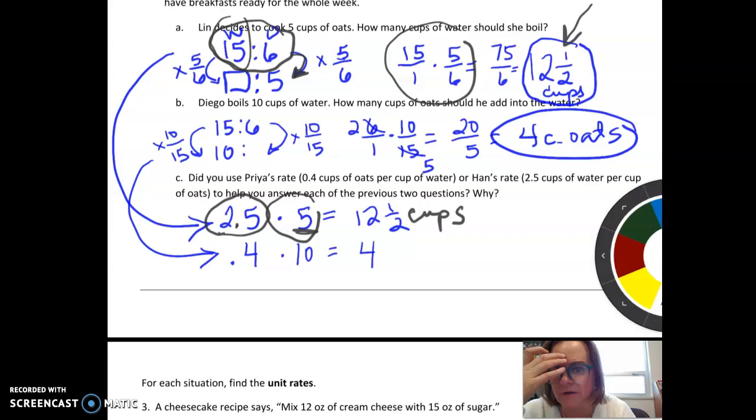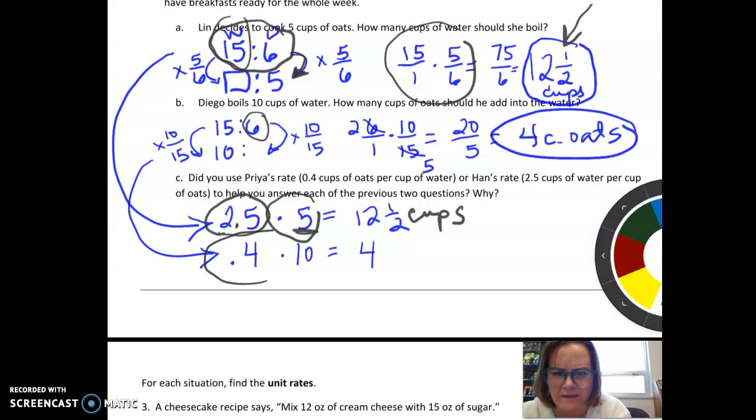So this time we're going to start again with the 15 to 6 ratio. And this time though, he's boiling 10 cups of water and he wants to know how much oats he needs. And so we're using 10/15 of the water. So we're going to need to use 10/15 of the 6. Well, 10/15 of 6 gives us 4 cups of oats.